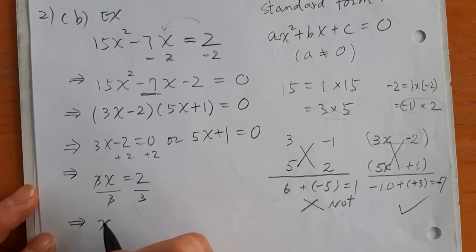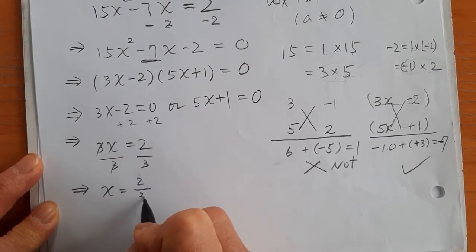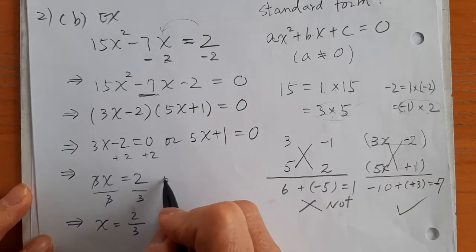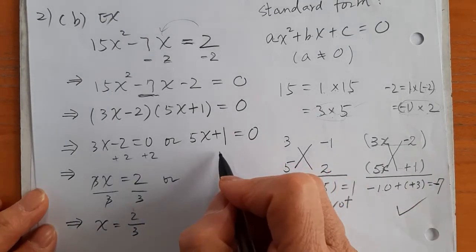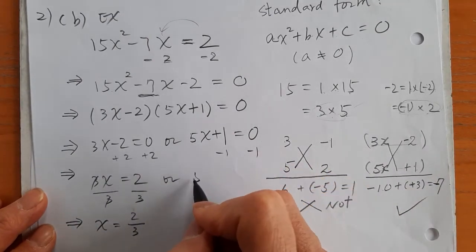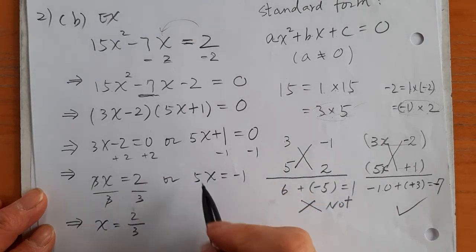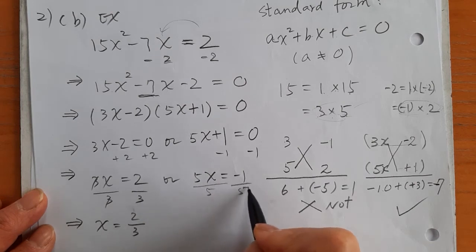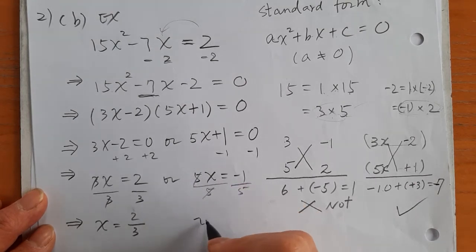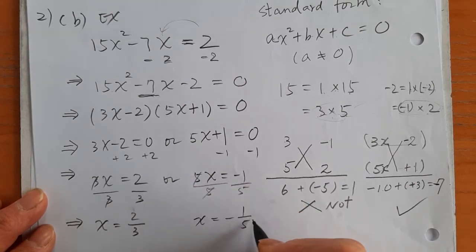So you get x equals 2 over 3. Or the second one, you minus 1 on both sides, get 5x equals negative 1, then divide both sides by 5, 5 cancels. So x equals negative 1 over 5.